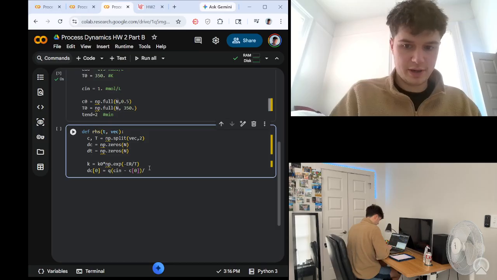This will be divided by our volume, and then minus our k value that we get from this Arrhenius equation, divided by the concentration we're getting.